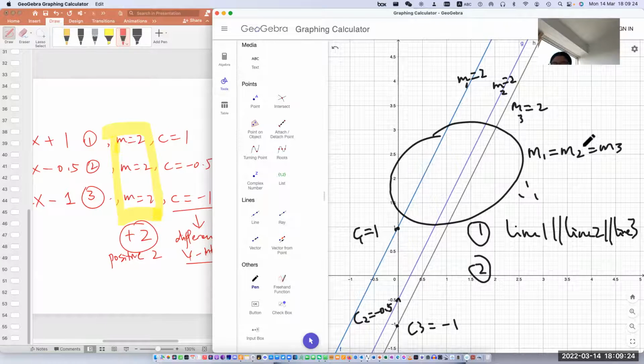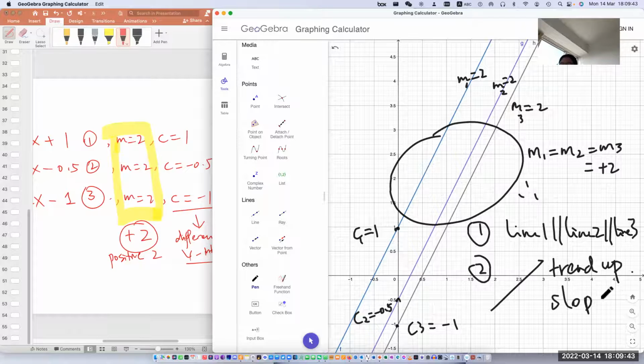Over here, m1 is equal to m2 equals to m3 and is equal to positive 2, right? Can you see it's all trending up? This is called trend up, upswing. Or you can call it the slope upward.